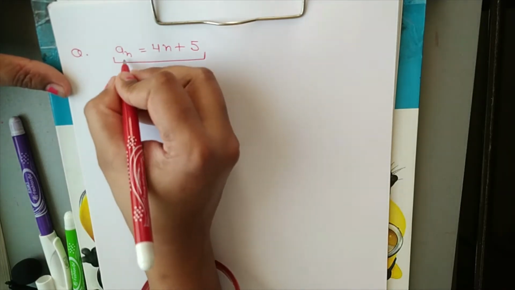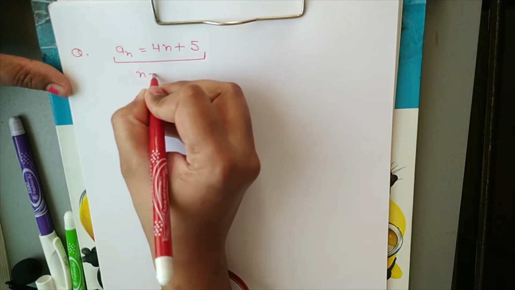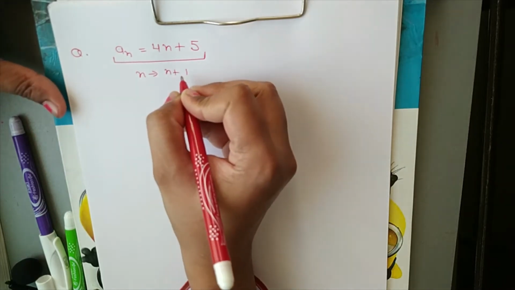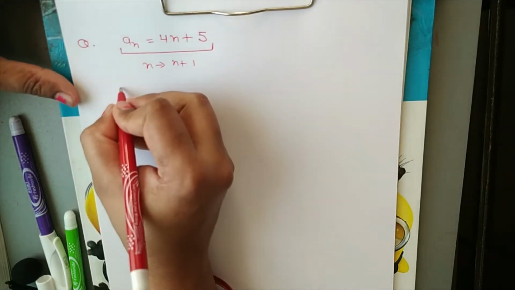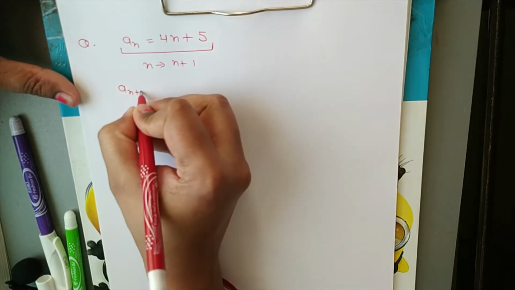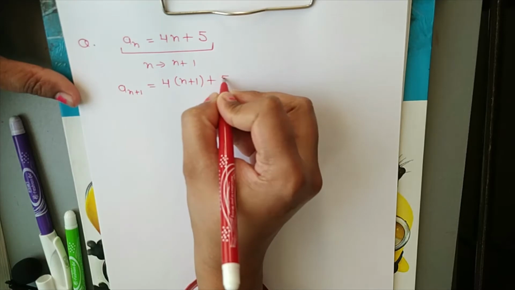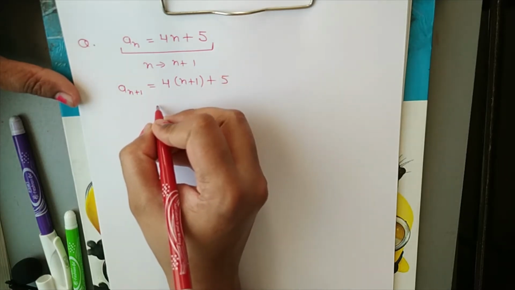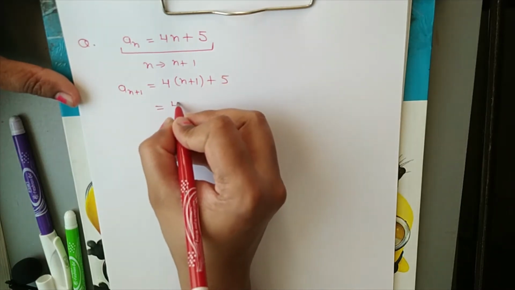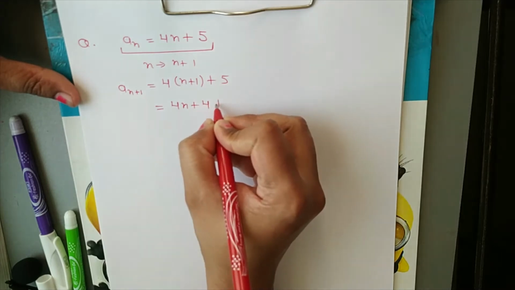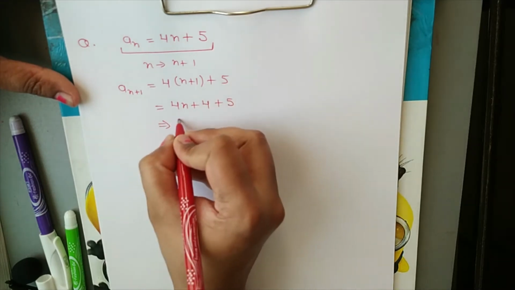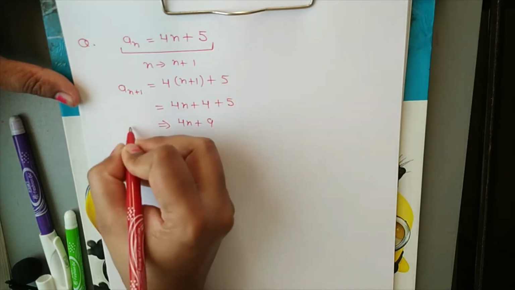So replacing n with n plus 1, we will get the next term. So an plus 1 is equal to 4 times n plus 1, plus 5. It can be written as 4n plus 4 plus 5, that is 4n plus 9.